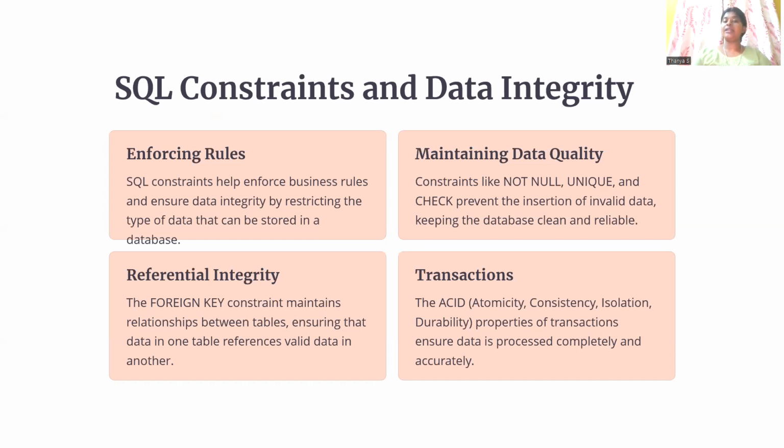When we come to maintaining data quality, constraints like not null, unique, and check prevent the insertion of invalid data, keeping the database clean and reliable. Next is referential integrity. The foreign key constraint maintains relationships between tables, ensuring that data in one table references valid data in another one. Next is transactions.